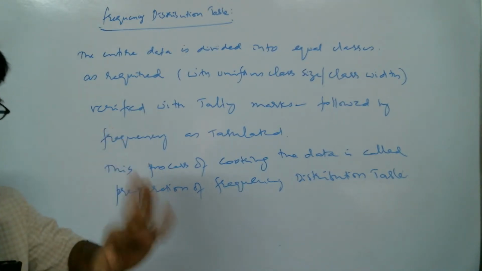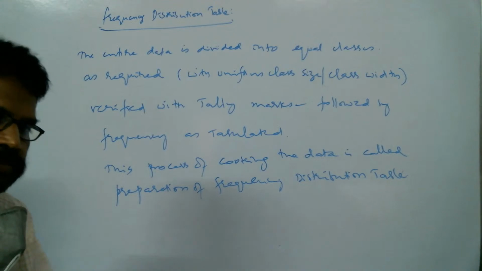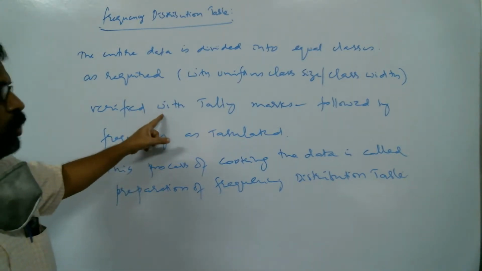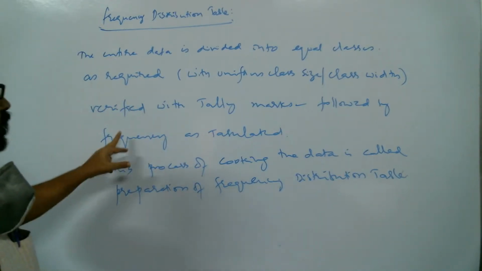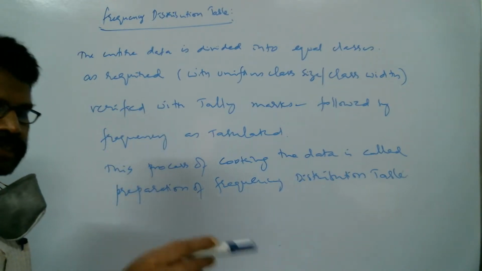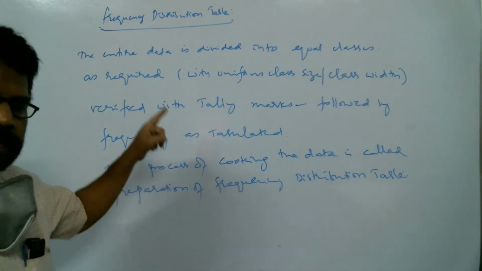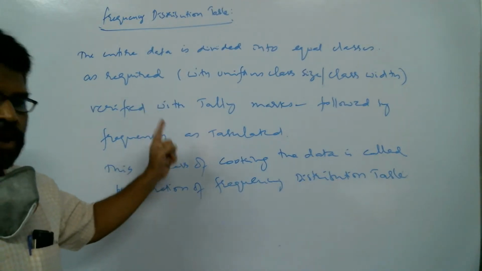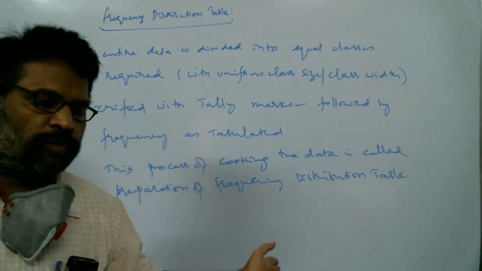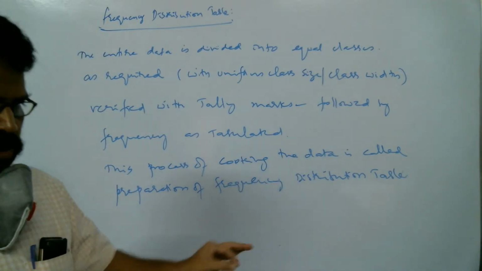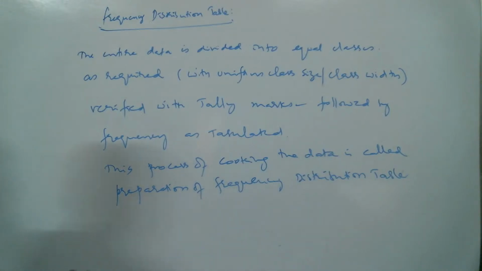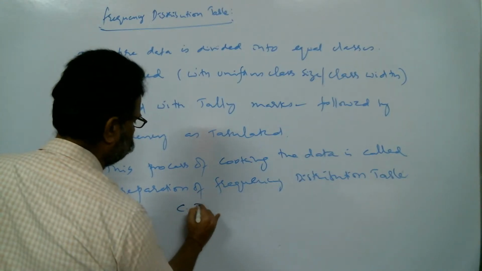Close at 44. No need to take below 6 and above 44. Are you clear? So you take the lowest and highest and decide the number of classes, then the class width, then cross-check with the tally marks: strike the entry and mark a tally mark, then count the tally marks by binding 4 with 1 as 5, then make the frequency and count it. So this is called the preparation of the class frequency distribution table.